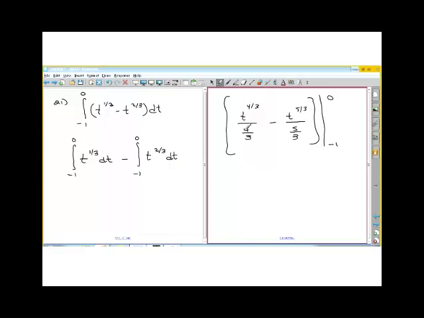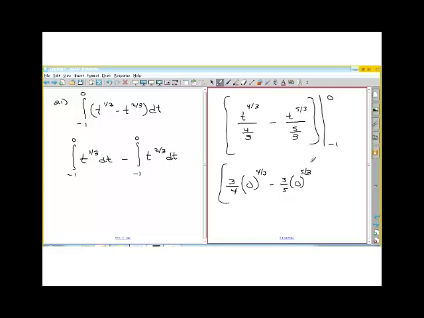Okay, so I'm going to take the reciprocal, so I'll have 3/4 times t at the upper limit, 0, to the 4/3. We subtract 3/5, 0 to the 5/3.